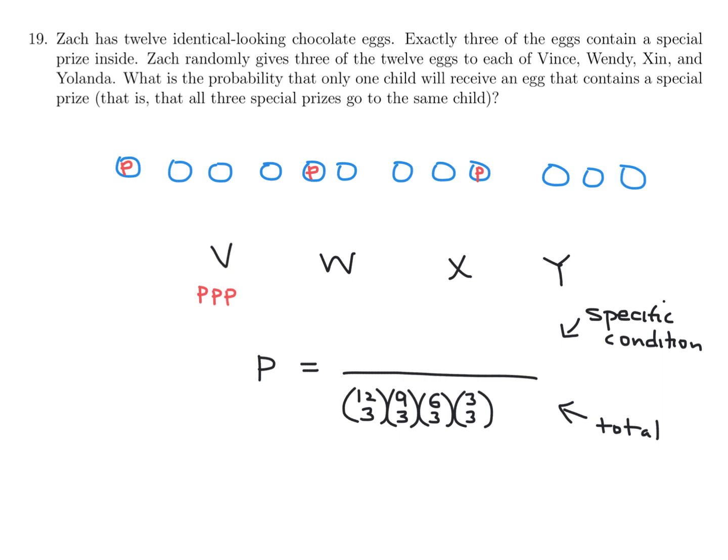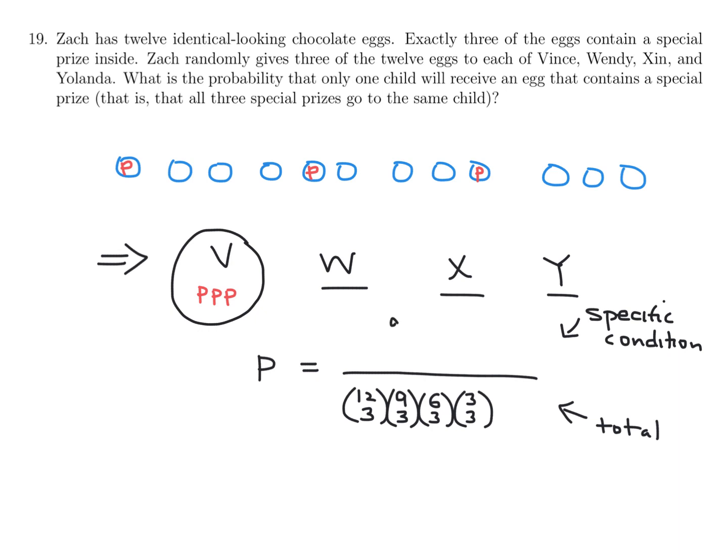But the specific condition is that all 3 go to the same child. So this is one scenario. That means that we just assigned all 3 of those to Vince, and then we go on with the selection.